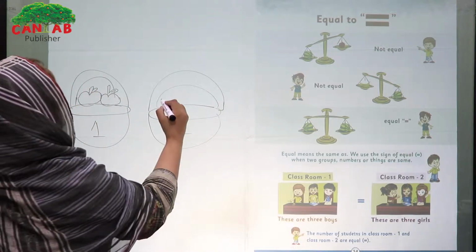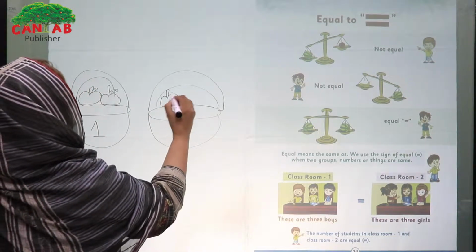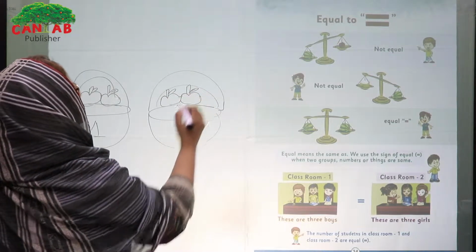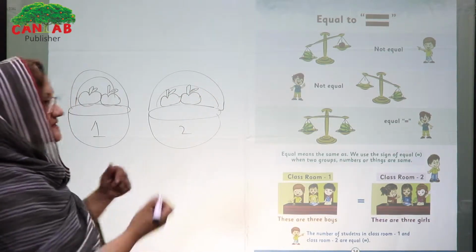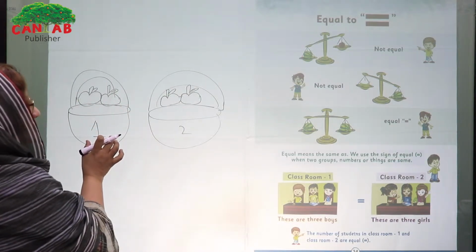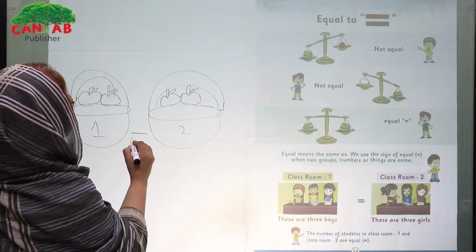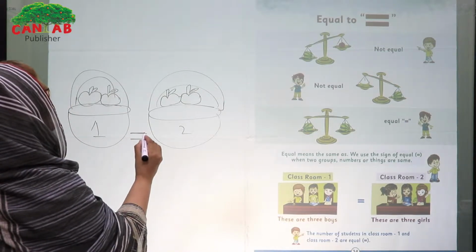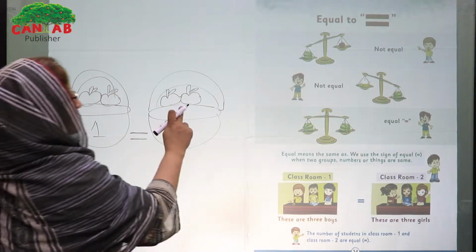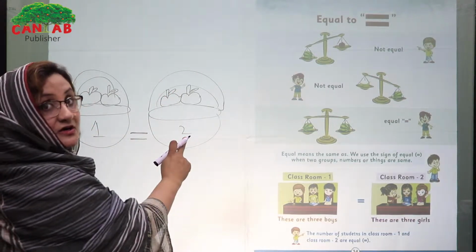Now look at here. It is also having 2 apples. It means the number of apples in basket number 1 is equal to, this is the sign of equal to, the apples in basket number 2.